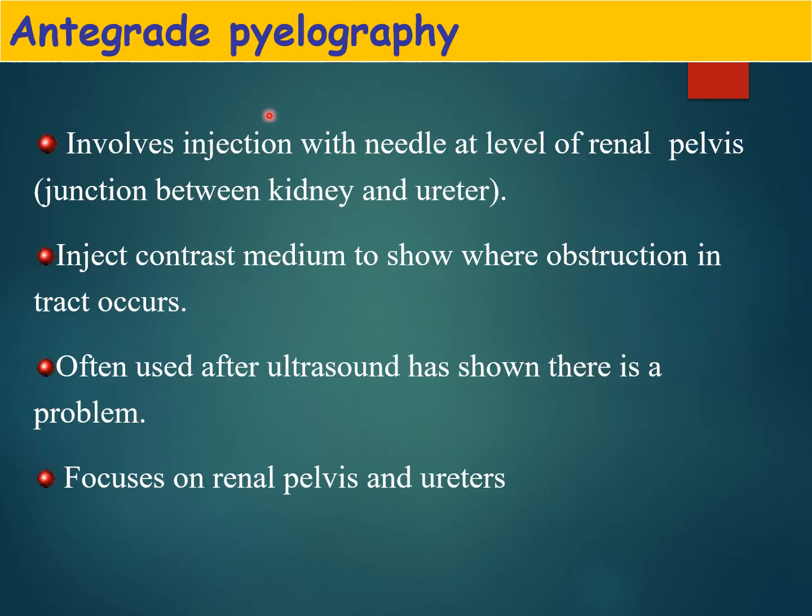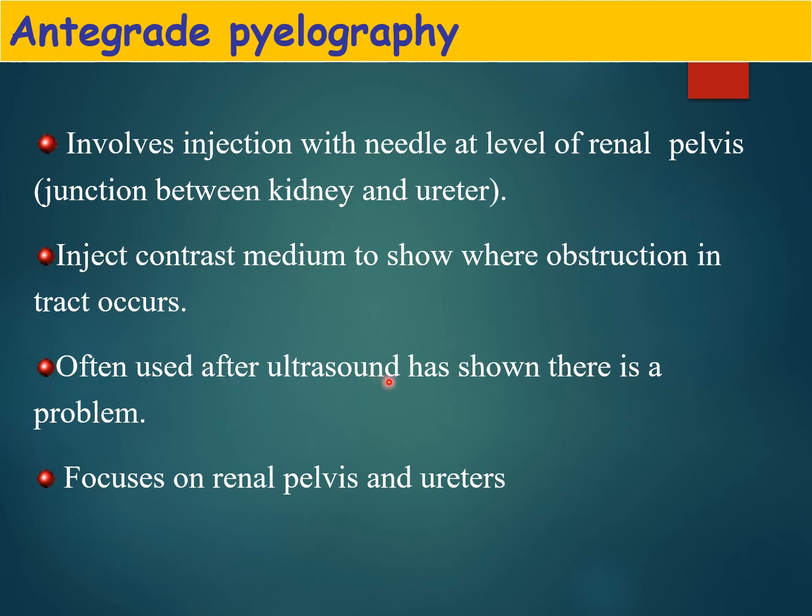By antegrade pyelography, as we said, we know that the urine is coming from the kidney, going down to the renal pelvis, to the ureters, to the bladder, to the urethra and out. So if we inject dye proximally, in the substance of the kidney or in the renal pelvis, it will delineate the renal system, and by contrast it will show the obstructing element, whether it's a stone or a tumor.